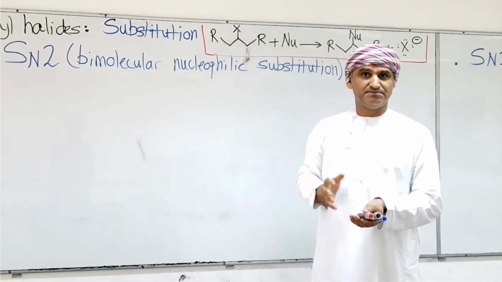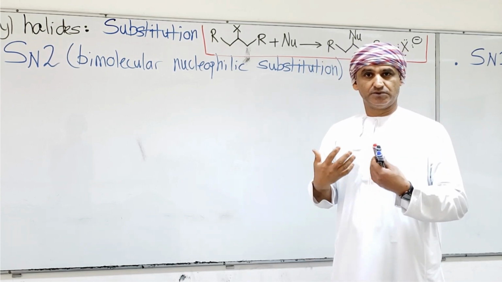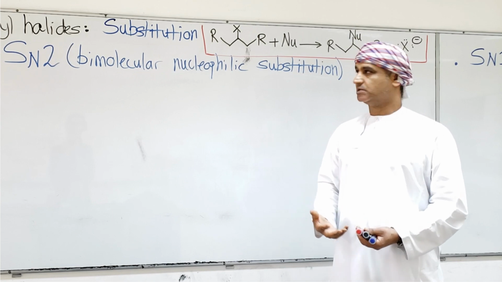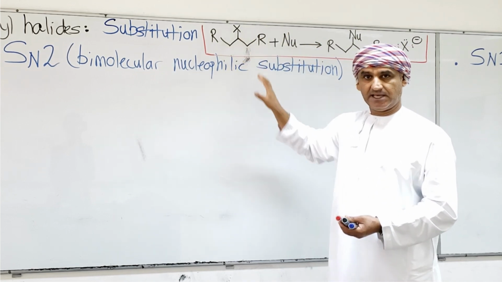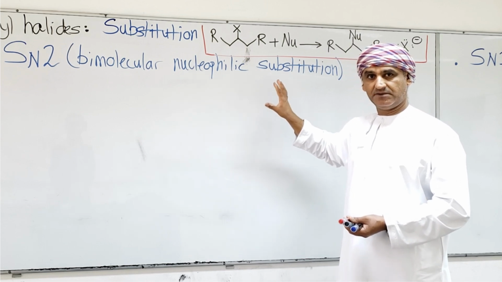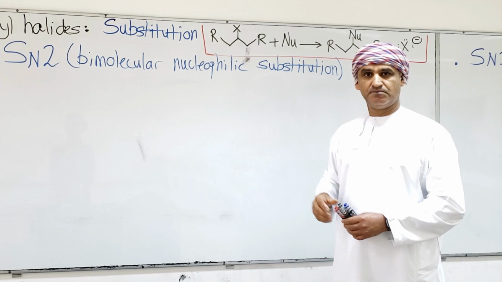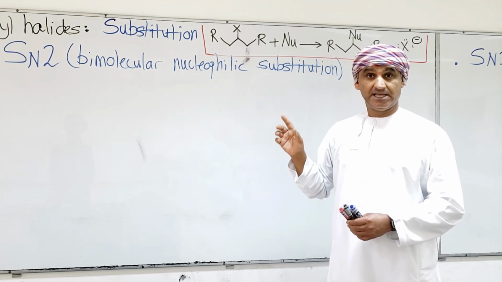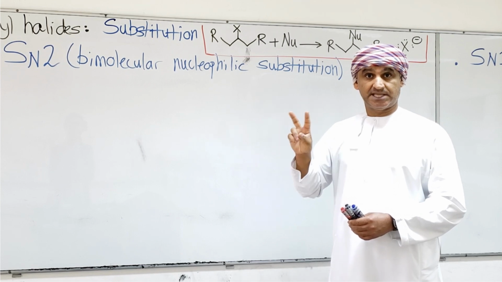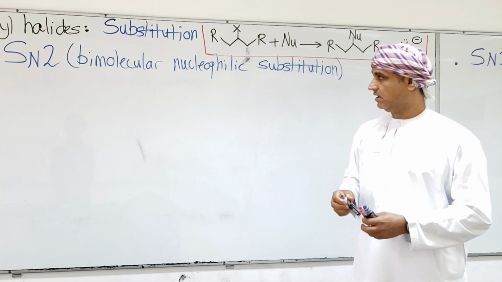Bimolecular in this case means two molecules, if you like, and the two reacting molecules would be the nucleophile and the substrate. Let me draw the structure again and show how this SN2 mechanism actually takes place. Remember, there are two steps: nucleophilic attack and departure of the leaving group.